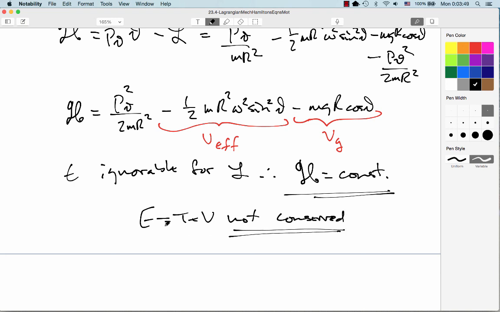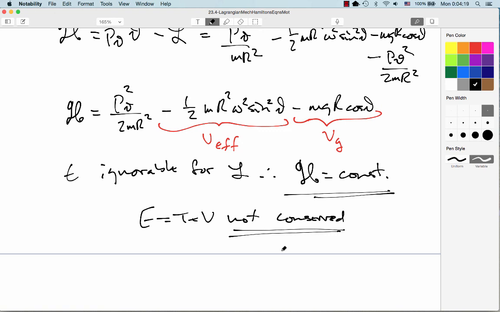And we have to say that it's not conserved because there's a time dependence in the mapping from Cartesian to generalized coordinates. The way we interpret this is that as it's bobbing up and down, the hoop is actually doing work on the bead, in such a way that it's keeping the Hamiltonian a constant, but sometimes it's adding energy to the bead, other times it's taking energy out.